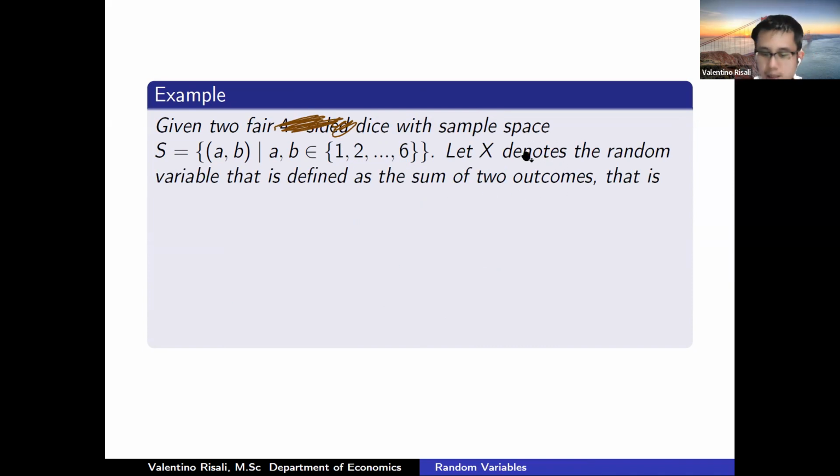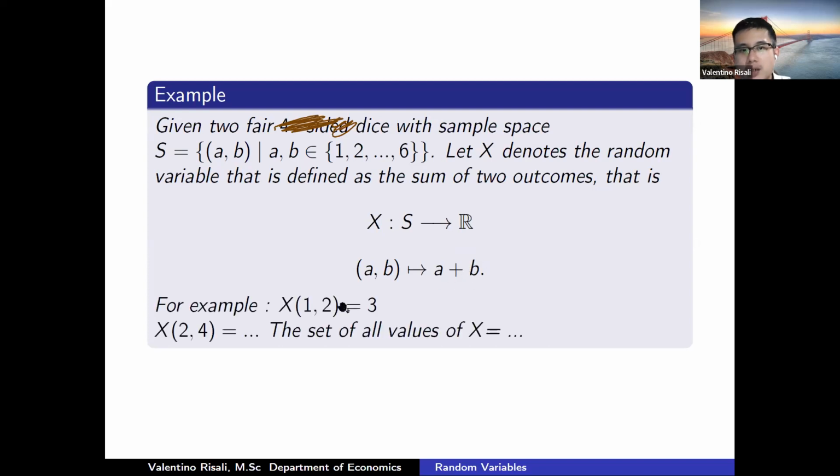I think it is similar to the previous example, right? Our formula is A plus B, and then our set of all values. What is this set? Set of all values of the random variable.